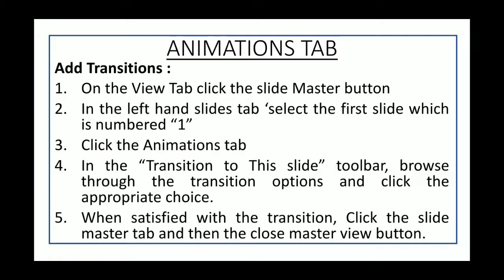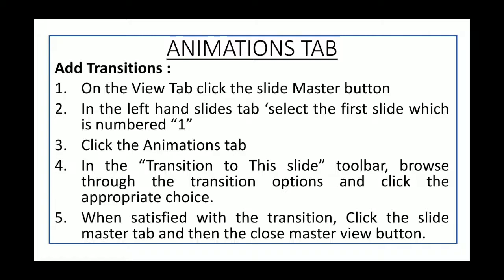Then click the animation tab. The third step is that you have to click the animation tab. Next, in the fourth step, in the transition to this slide toolbar, browse through the transition options and click the appropriate choice. You can set the appropriate effect to your placeholder.